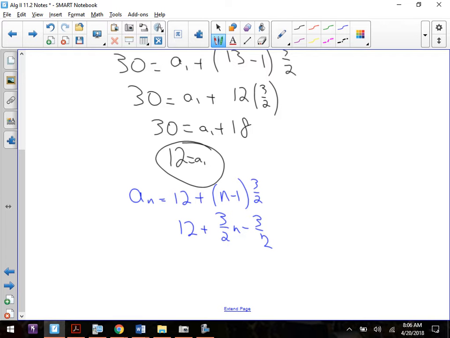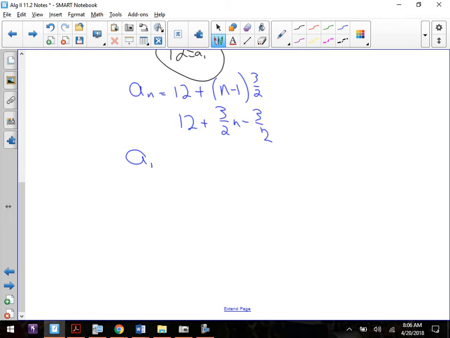This is a really easy fraction to work with because it's just halves. So when I have 12, I can say that's the same thing as 24 halves. So 24 halves subtract 3 halves gives me 21 halves. So my final answer would be a sub n is 3 halves n plus 21 halves.